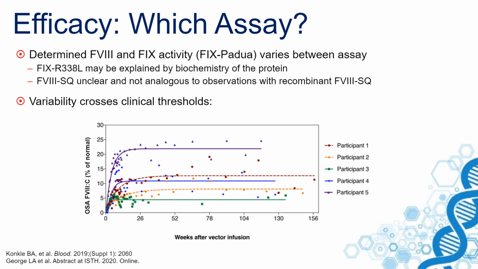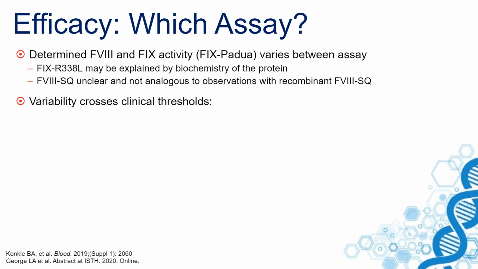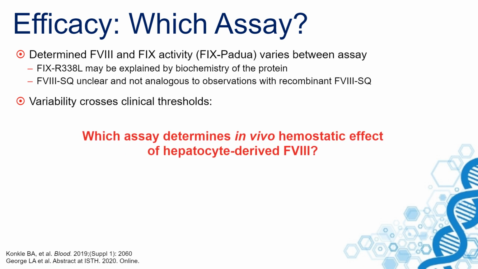So again, becomes important for defining the therapeutic window as well as providing guidance to patients on what their in vivo hemostatic function following gene therapy actually is. And so I think the answers for which one is most appropriate will come from phenotypic data coming out of a clinical trial and then enhanced biochemical understanding, ideally from the purified hepatocyte-derived protein.